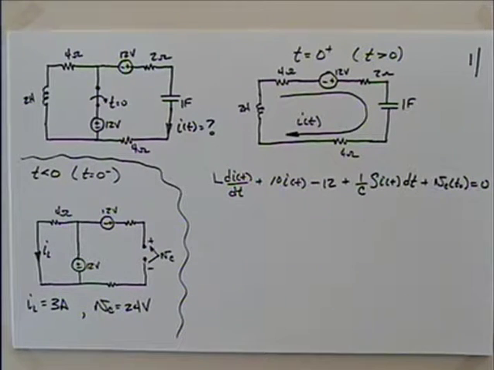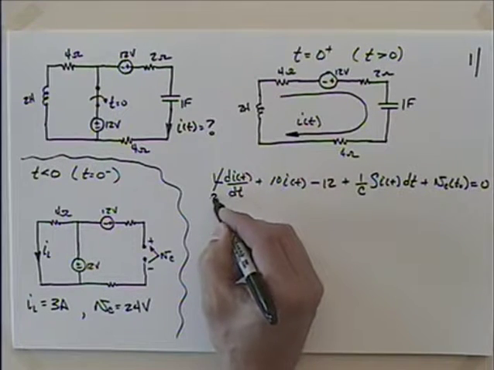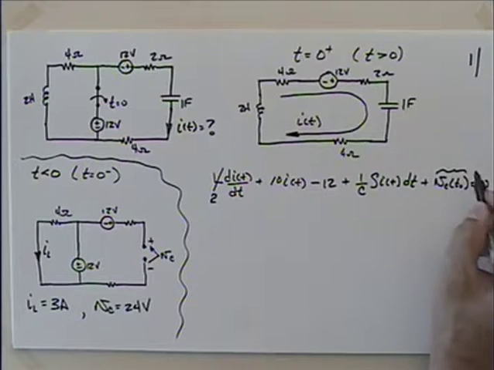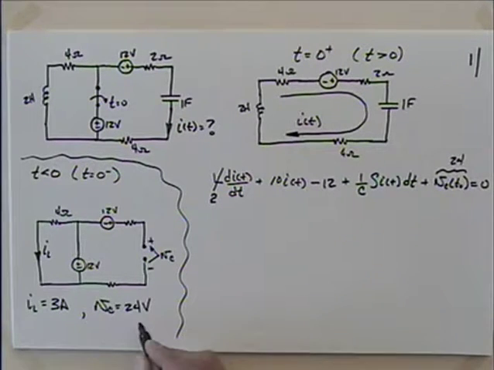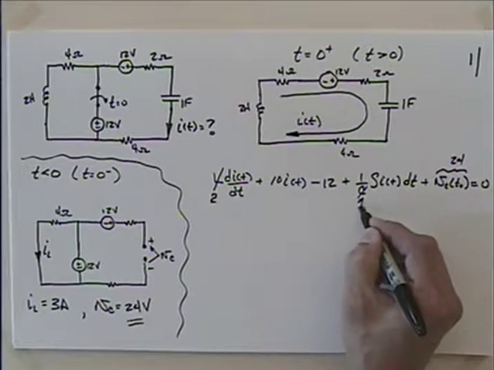So with this, I could substitute in the values. L took on the value of 2. I think this initial value across here was the 24 that we got from there. This C was 1.